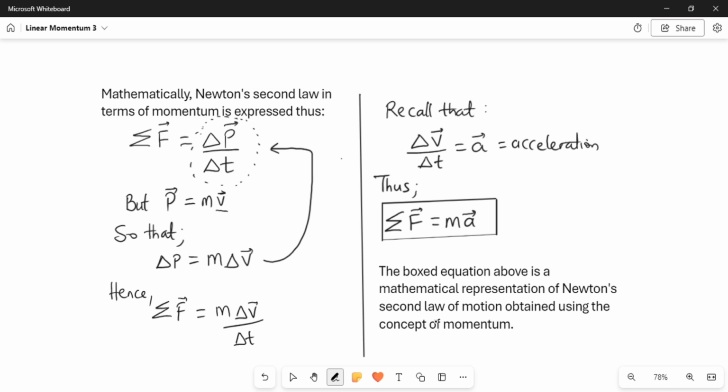So we can then say that the total force is equal to mass times acceleration. This expression here is a mathematical representation of Newton's second law of motion, which we have obtained using the concept of momentum. So you see that the rate at which the momentum of an object changes is equivalent to the total force acting on that object.